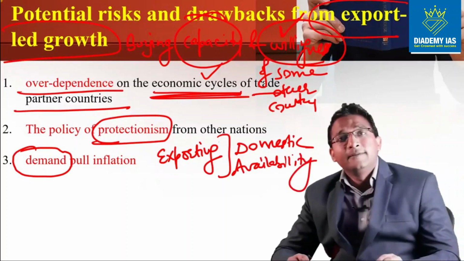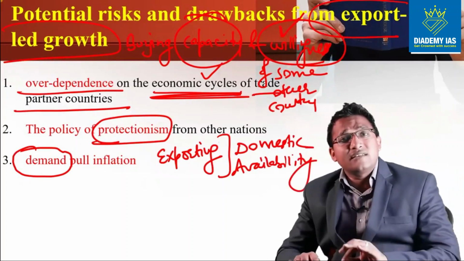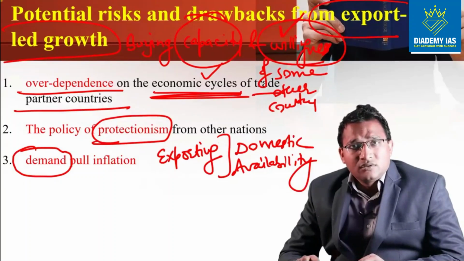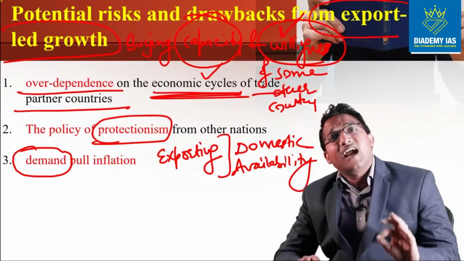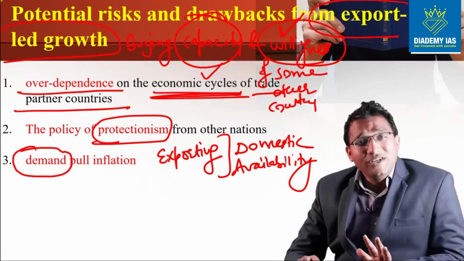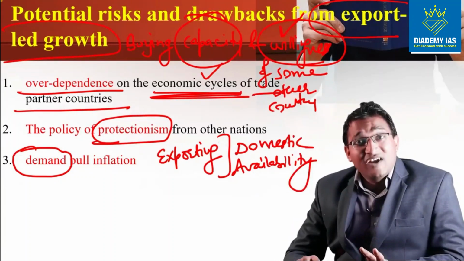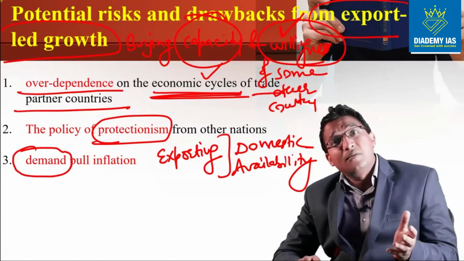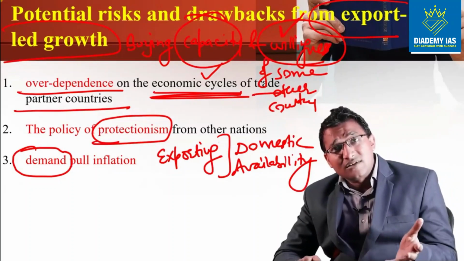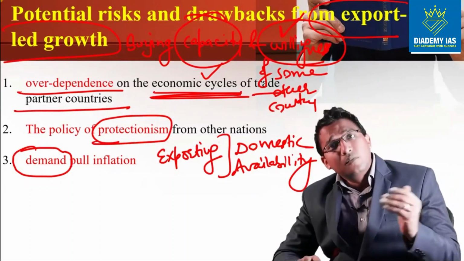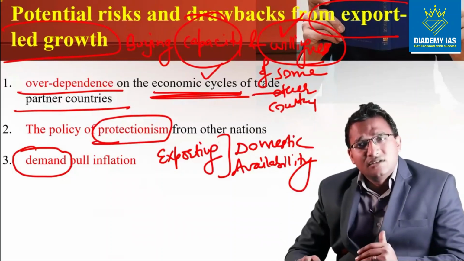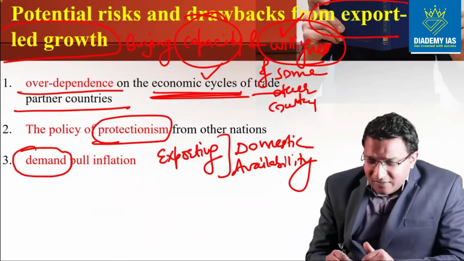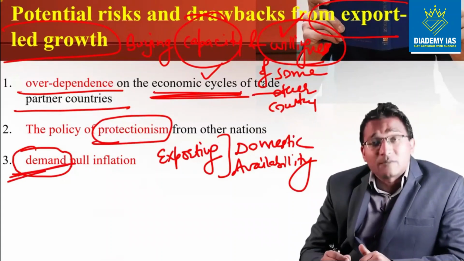For example, when there is a crisis in onion production, right, at that time, if I start exporting that onion, what will be the impact? The domestic availability is already less. Now this domestic availability will become further less. So this will lead to demand pull inflation. The demand is more and the supply is less.